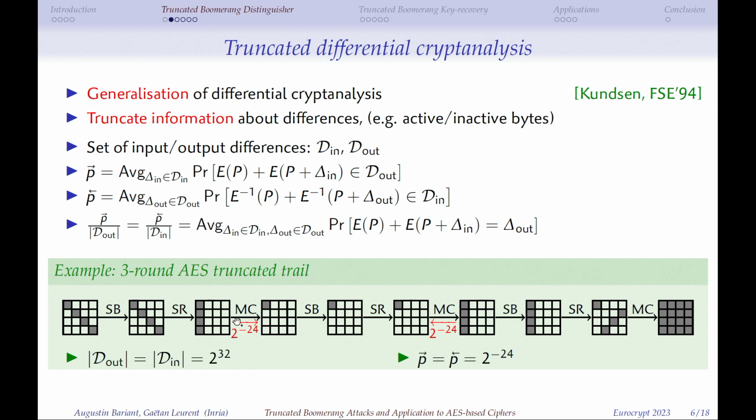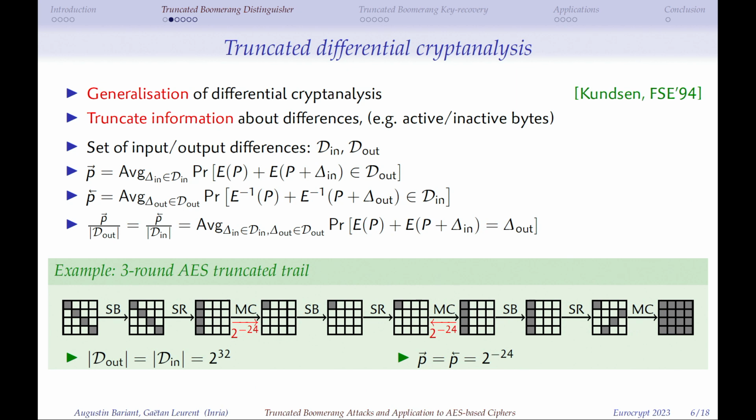If this happens, then with probability 1, you can track how this evolves in the next round. After one round, you get an active column. And after a third round, you get a state that is active in all cells, but not with a random difference. This difference must be in a set of size 2 to the 32, because before the final mix column, you only have 4 active cells. So you have this trail.